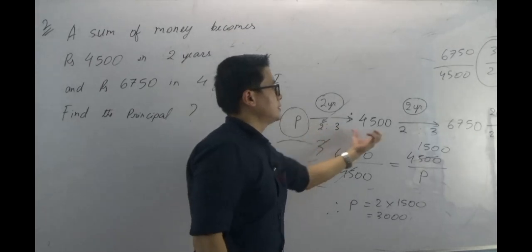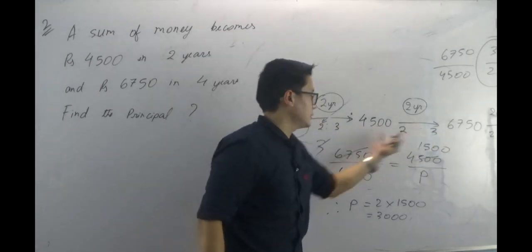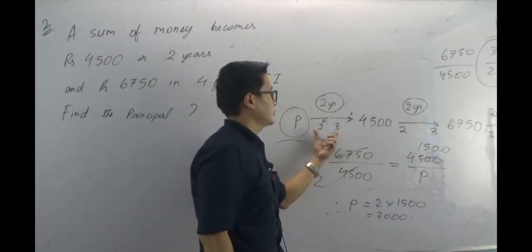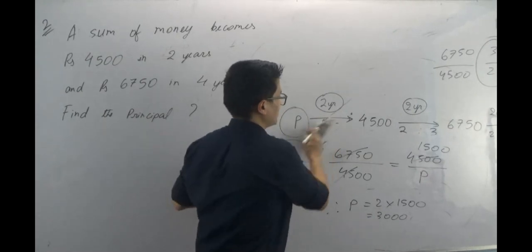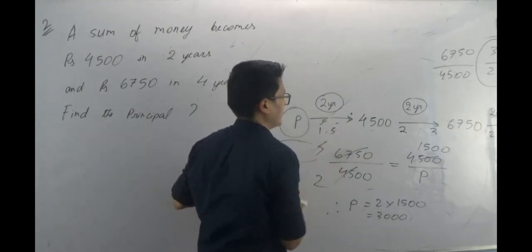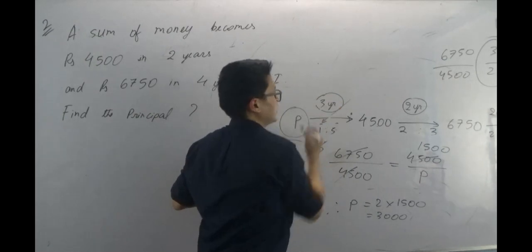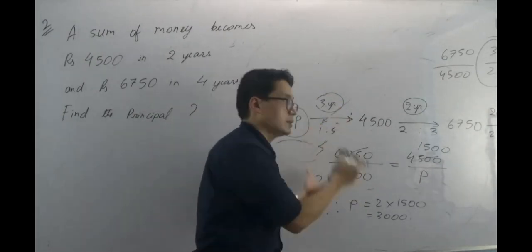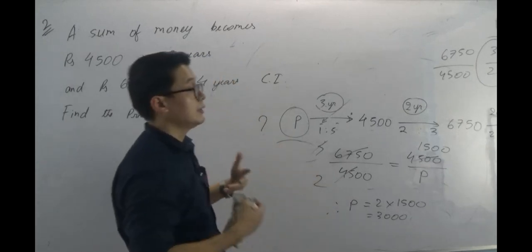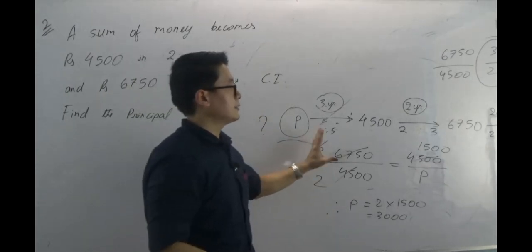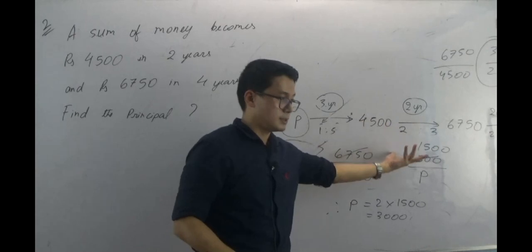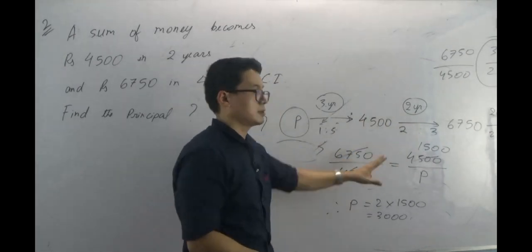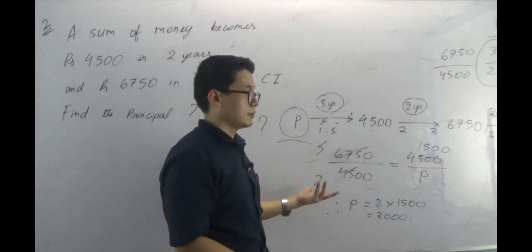The only thing is they may change this number, or they may change this ratio. Maybe the ratio is 1:5 and this may change to 3. But the nature of the question will remain the same, except for changing the ratios and the figures.